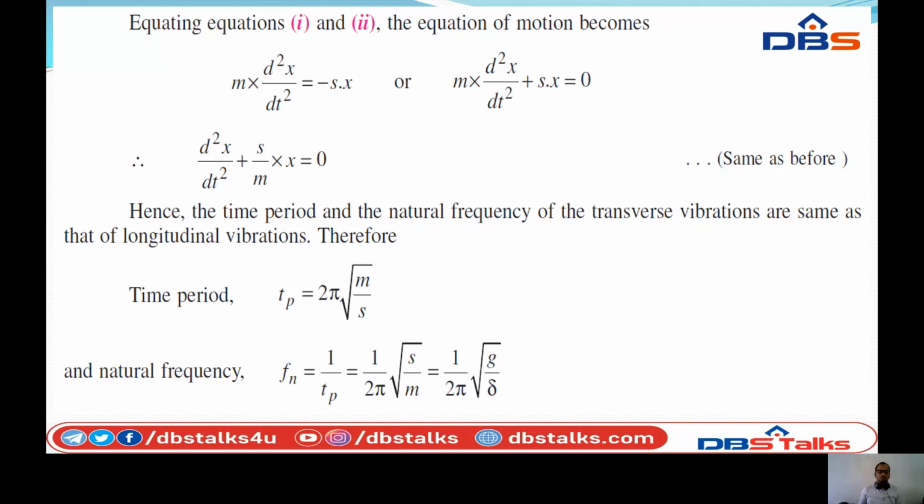So time period is equal to 2 pi into square root of m by S, and the reciprocal of the time period is the natural frequency. So fn is equal to 1 by Tp, that is 1 by 2 pi into square root of S by m. Simply, we can straight away write it as square root of g by delta, so g by delta is equal to S by m.